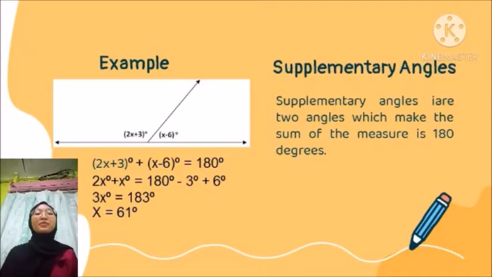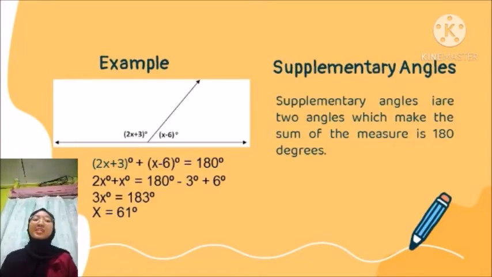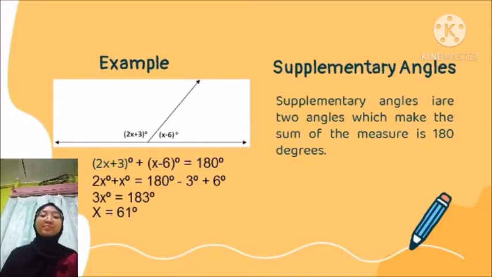Then 2x + x = 180 - 3 + 6, so 3x = 183 degrees, and x = 61 degrees.